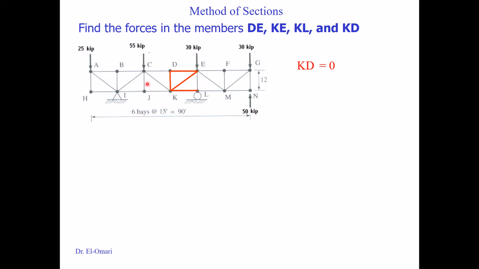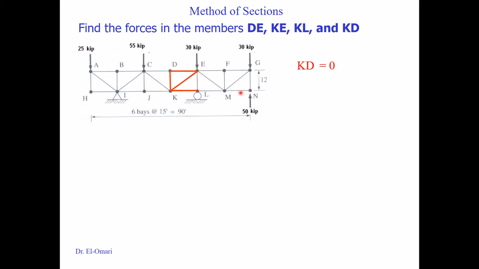This is also a 0 because, if you look on that side, it won't tell you, but if you look at this side, at this joint, two collinear, one non-collinear, then this is also a zero force member. This is also a zero force member, and then two collinear, no external force, then these two are also zeros.